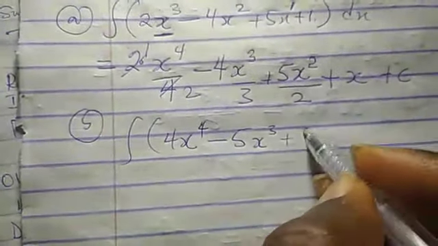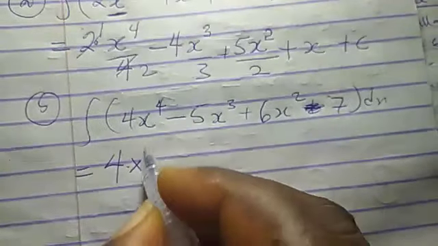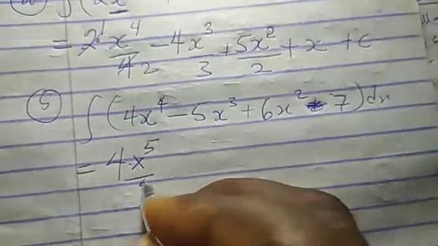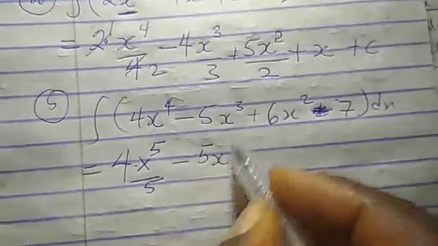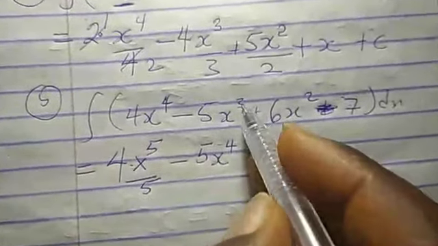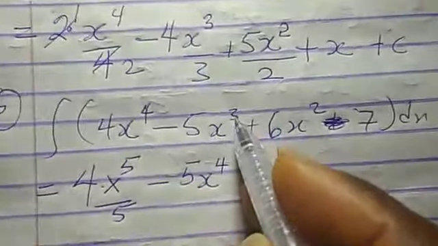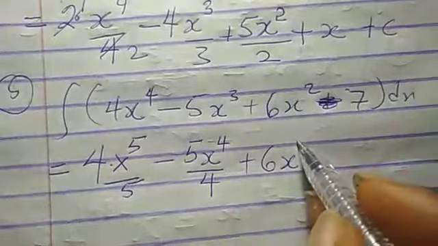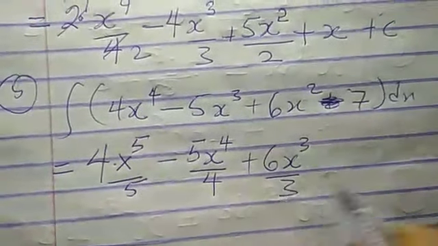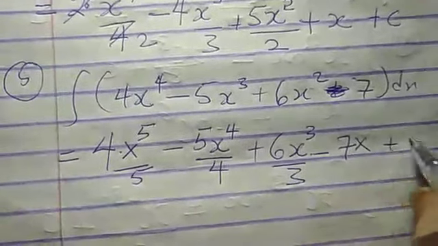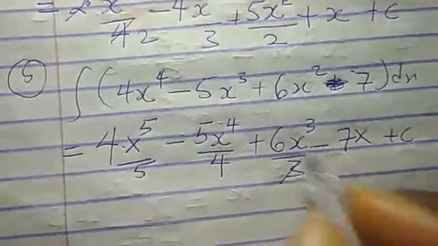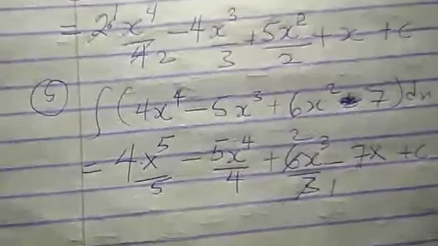If I integrate x to the power 4, I will have x to the power 5 over 5, minus 5, if I integrate this, I will have x to the power 4 over 4, because this is 3, it will become 4 over 4. If I integrate this, I will have x cubed over 3, minus, if I integrate 7, I will have 7x plus c. Don't forget that 3 here, 1, 3 here, 2. So that's our final answer.